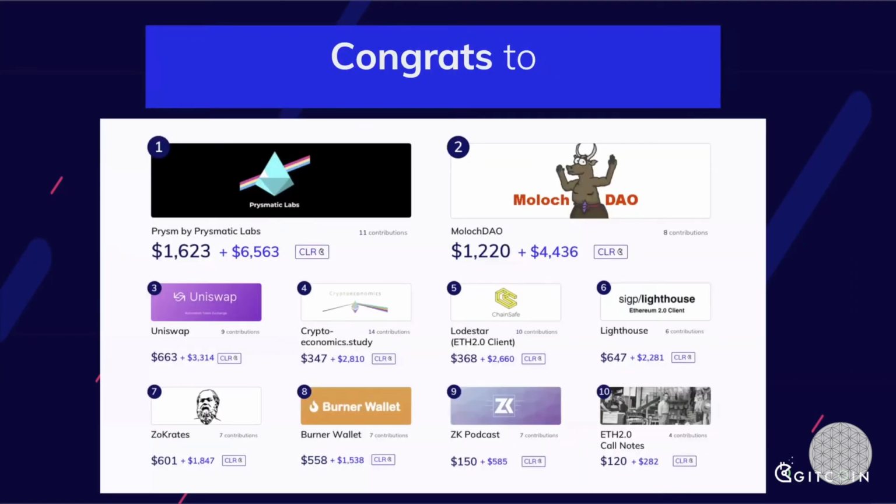And these are just some examples. They're actually a bit low because I've not updated these for a little while on my side, so that's my fault. But there's a lot of these that have actually received over $20,000 at this point in more recent rounds. I think the most recent round actually had over 9,000 individual unique contributors, which is pretty amazing just to see that level of support.